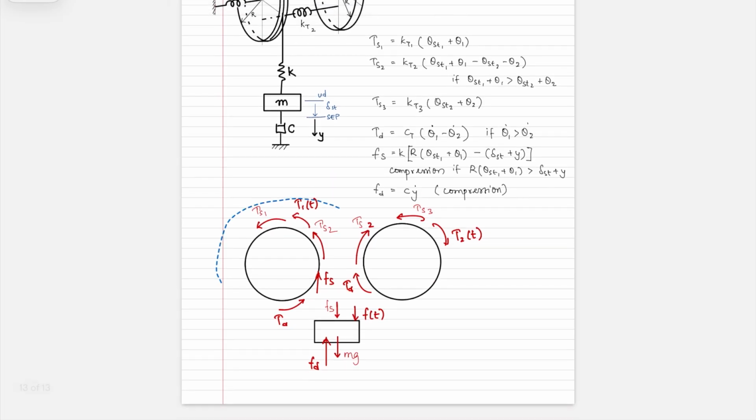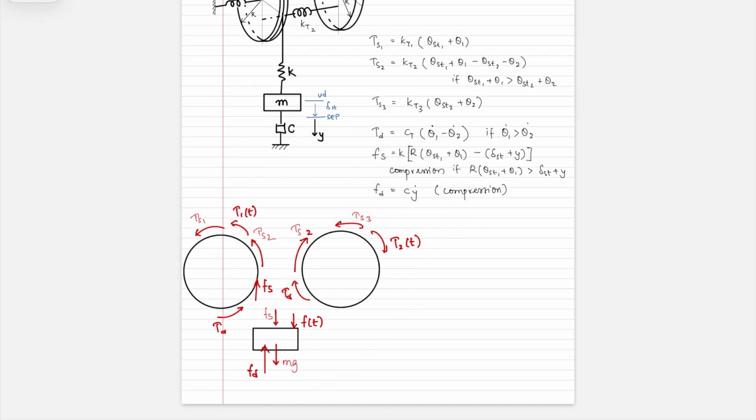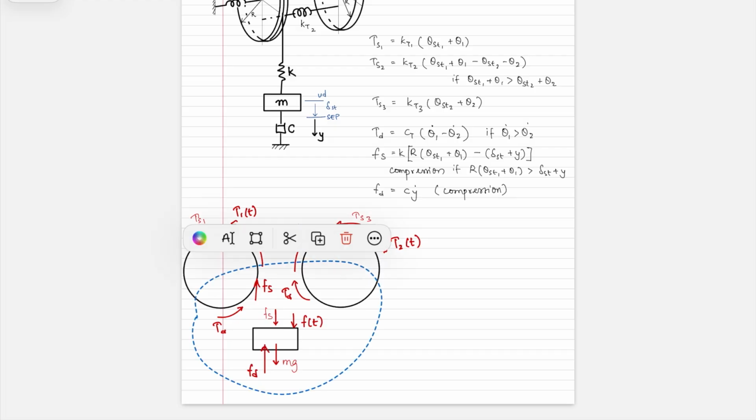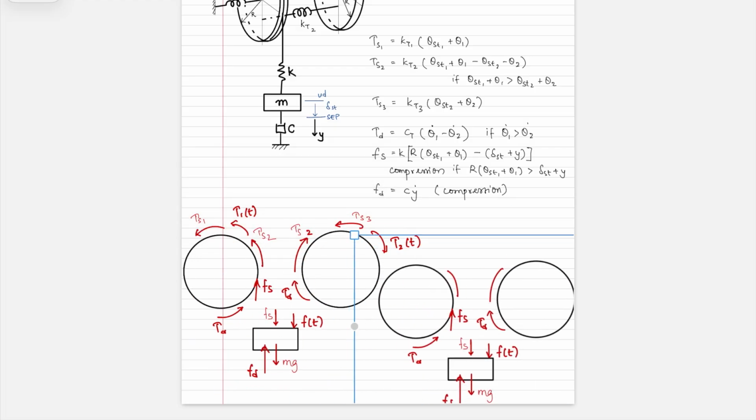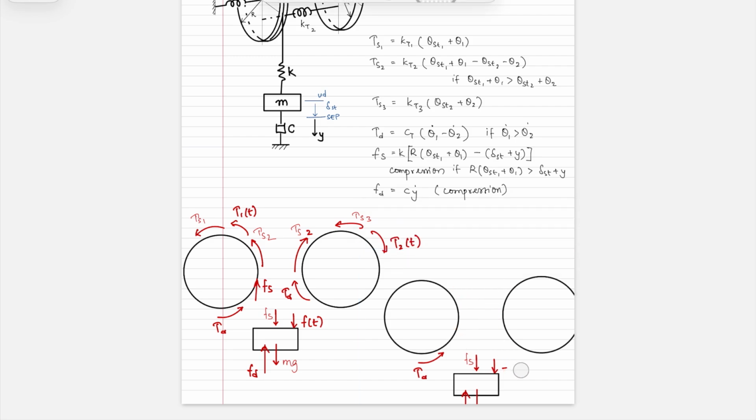So all of these were from the free body diagram. Previously, we didn't have to draw the kinetic diagram because it was at SEP. Now, however, because it's no longer at SEP, we're measuring from SEP, there are going to be inertial forces and torques to account for. So we now have the kinetic diagram here on the right.